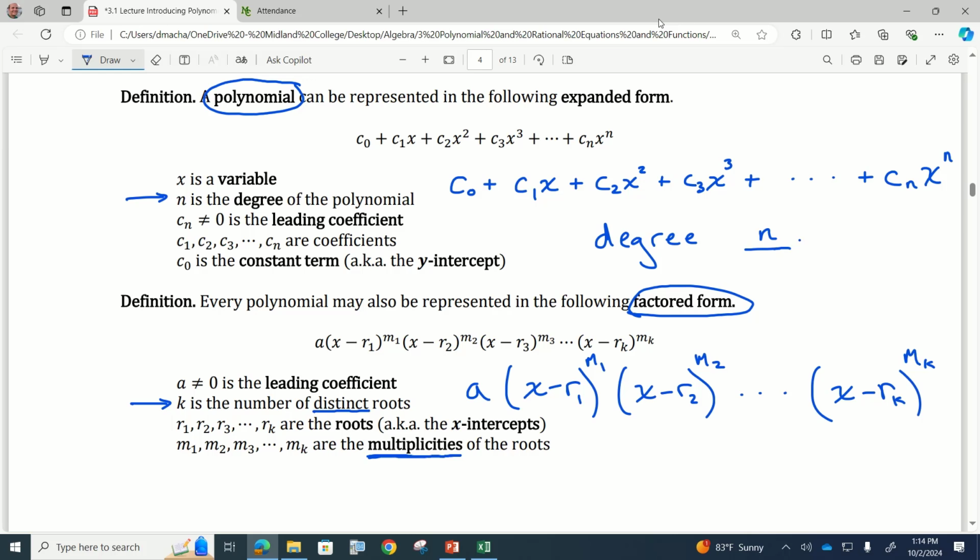If I ask you the degree of a polynomial, and I give you the polynomial in expanded form, you could tell me what the degree is just by looking at the largest power of x. But if I give you a polynomial in factored form, and I ask you what is the degree, what you could do is add together all of these multiplicities.